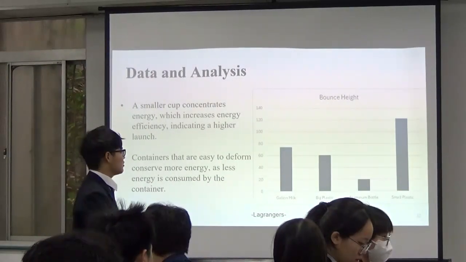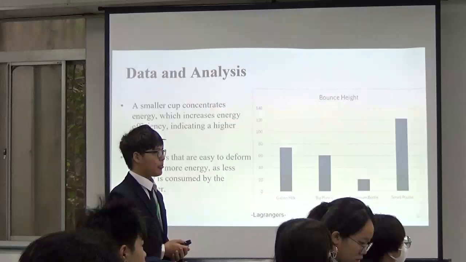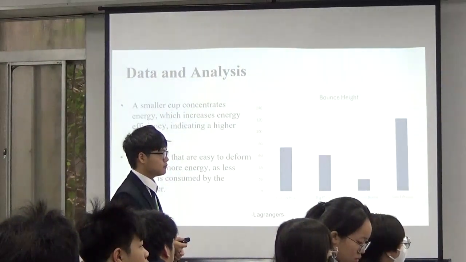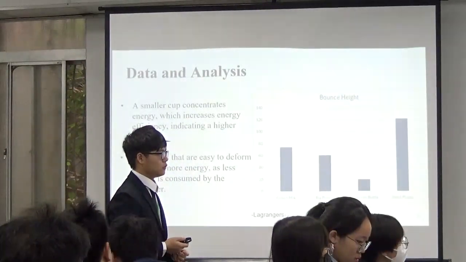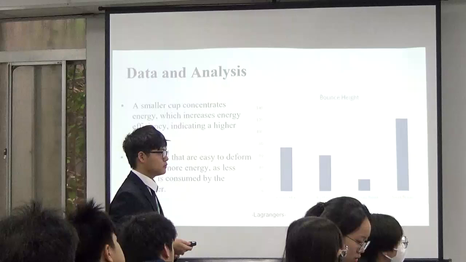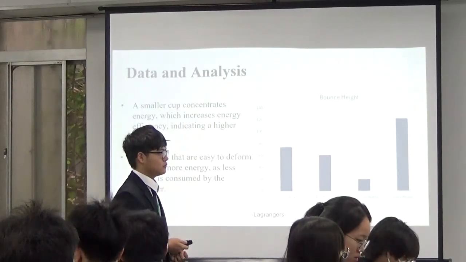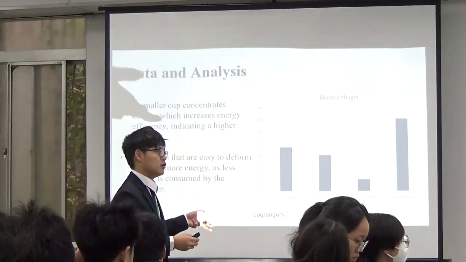Yes. So I would like to ask, if the radius of the container is smaller, do you mean that the energy consumption is smaller, so the ball might eject to a better height? If the cup is smaller and the mass stays the same, is that what you're asking? Yes.